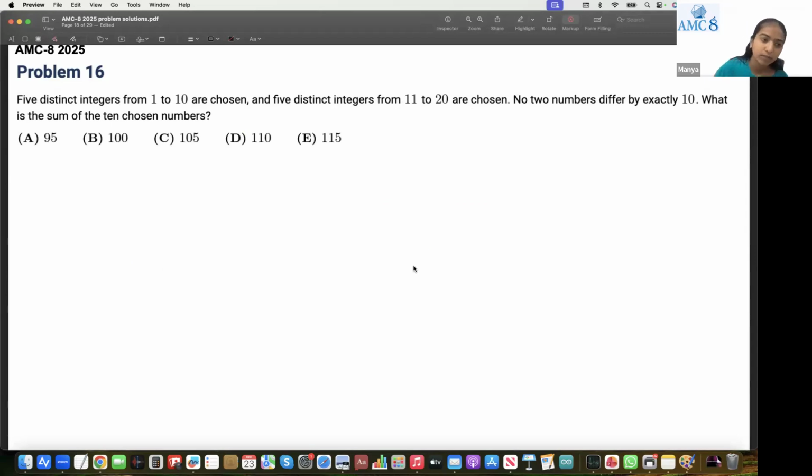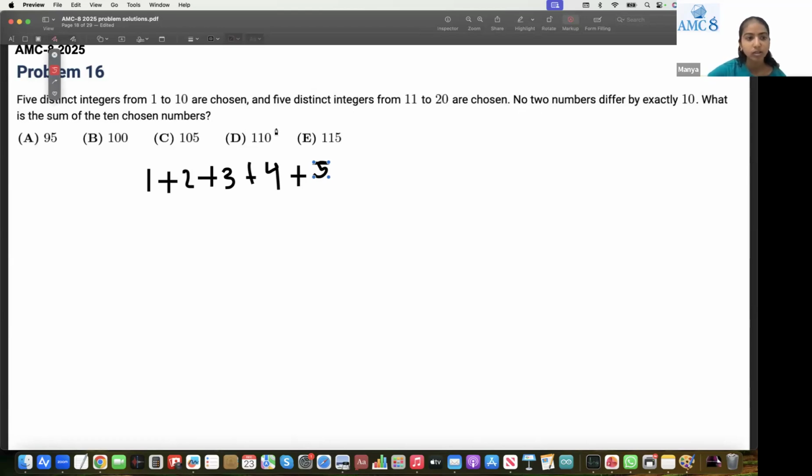So we know that 5 numbers from 1 to 10 are chosen. So how about we take 1 plus 2 plus 3 plus 4 plus 5. Okay, and we also see that there are 5 different numbers chosen from 11 to 20. But there's one condition: no two numbers can differ by exactly 10.